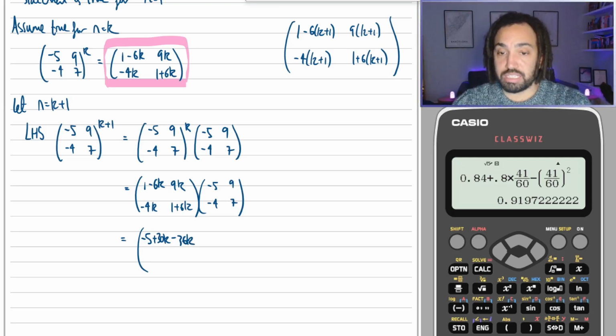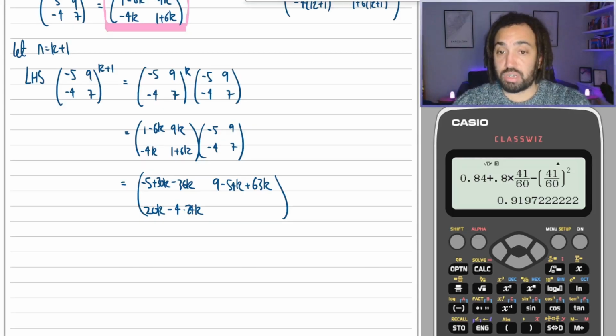Now let's do the top right, which will be the top row multiplied by the right column. So that will give me 9 minus 54k, and it will give me plus 7 times 9k, which is 63k. Okay, bottom left is going to be plus 20k, and also we're going to do 1 plus 6k times minus 4, which is minus 4 minus 24k.